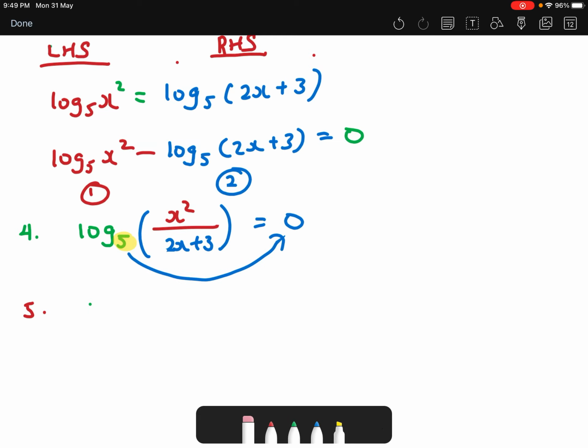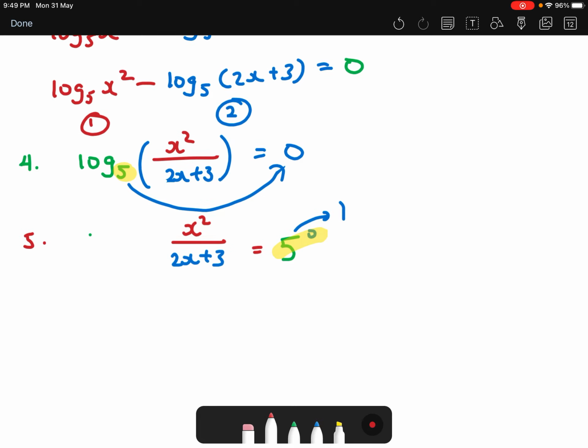When I move my 5 to the right hand side, it becomes 5 to the power of 0. So my base becomes the big number, my 0 becomes the smaller number, equal to x squared over (2x + 3). Where 5 to the power 0 is just 1. Anything to the power 0 is 1.